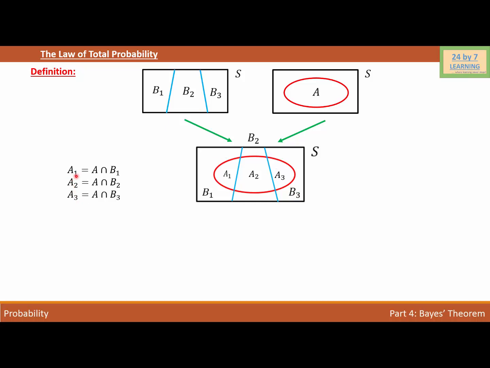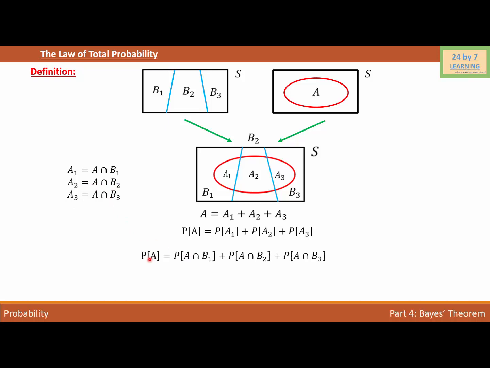Now what actually is A? A is basically A1, A2, A3. So I can write A is equal to A1 plus A2 plus A3, and the probability of A is equal to probability of A1 plus probability of A2 plus probability of A3. I can replace A1 by A intersection B1, A2 by A intersection B2 and A3 by A intersection B3.